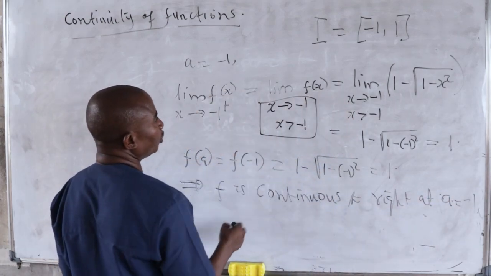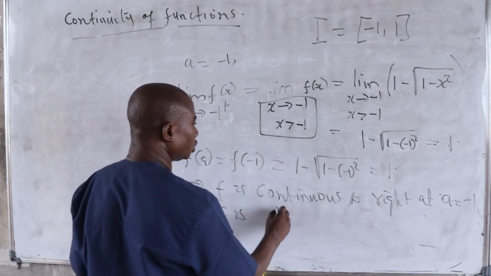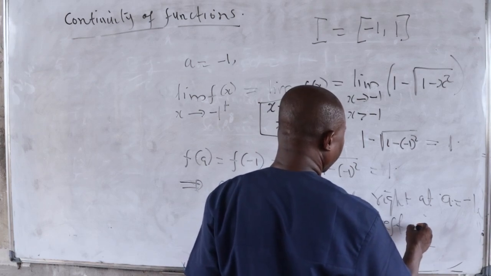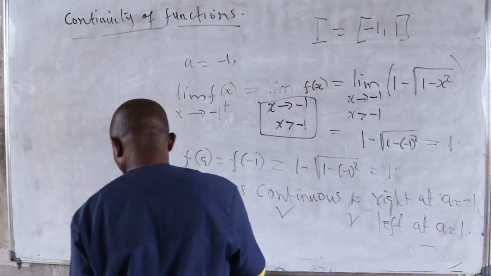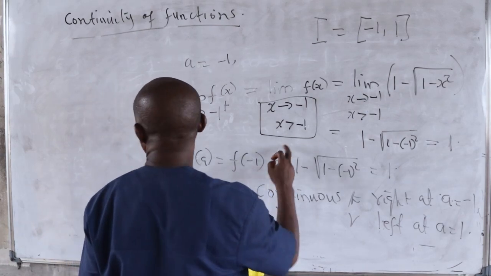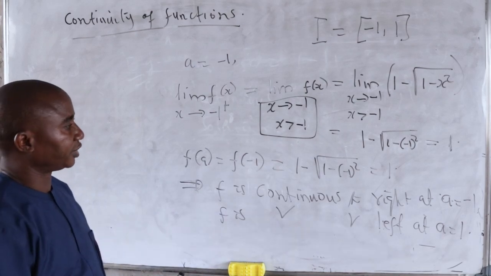In the same way, we are going to see that f is continuous to the left at the point a equal to 1. So we have continuity on the whole of the interval I. That is how to deal with continuity of a function on a given interval. All right.